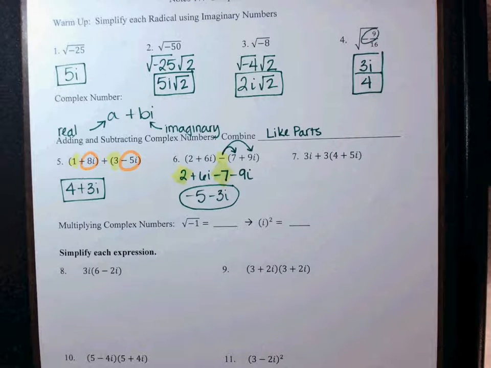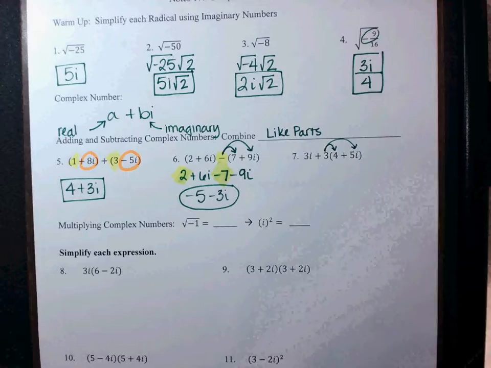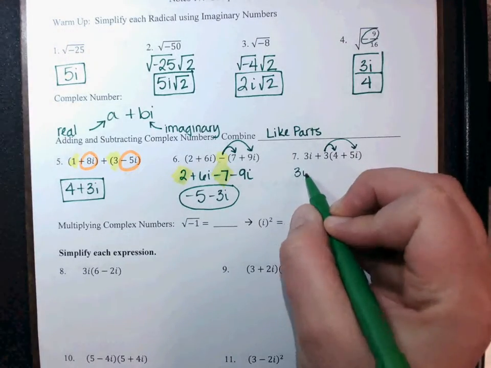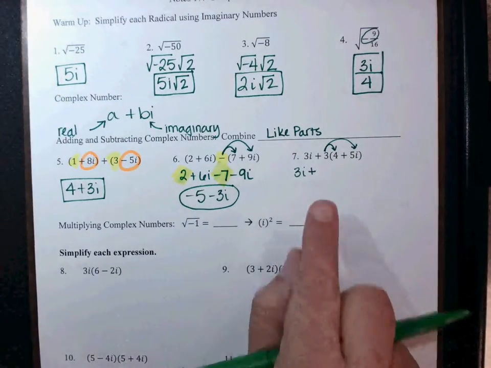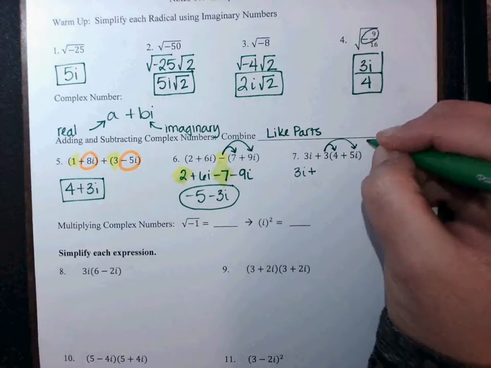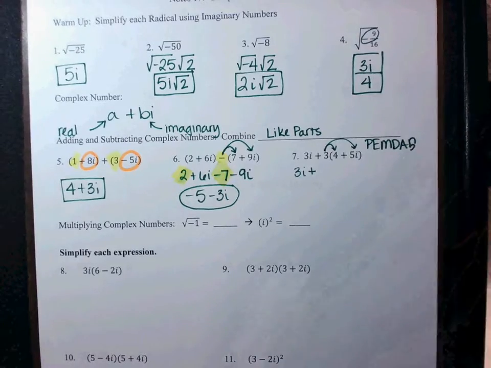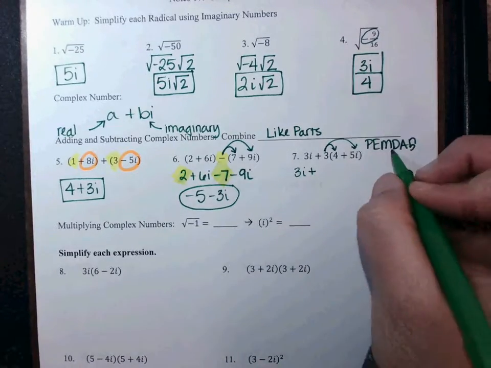Okay, what will I need to do on number 7 to simplify before I combine like terms? Distribute the 3. So I'd have 3i plus, and I have to leave this alone for right now because you have to distribute. If you think about PEMDAS, what comes first, multiplying or adding and subtracting? Multiplying.